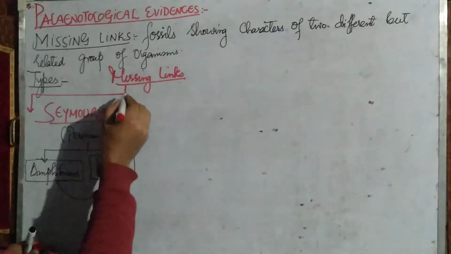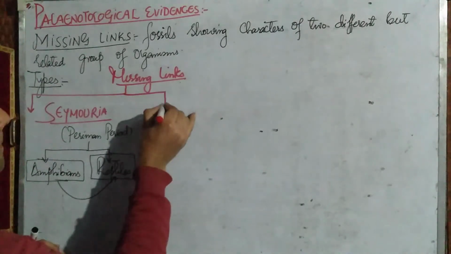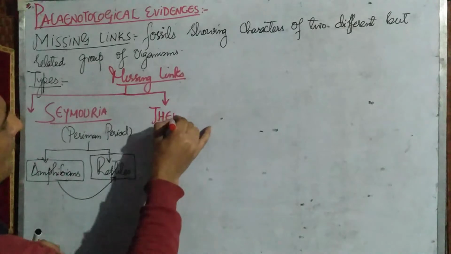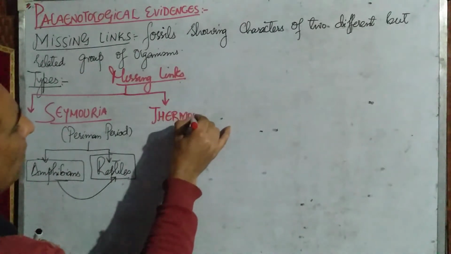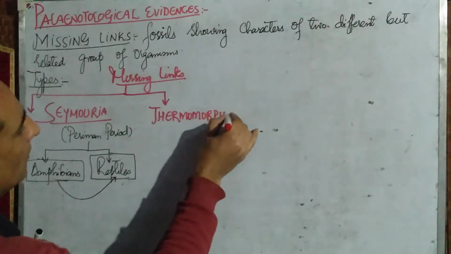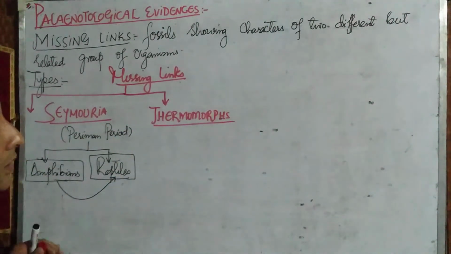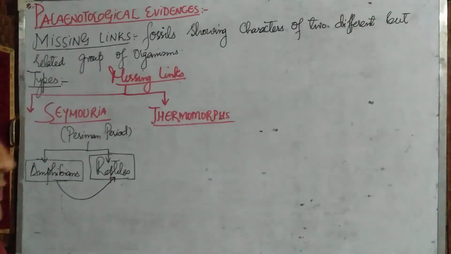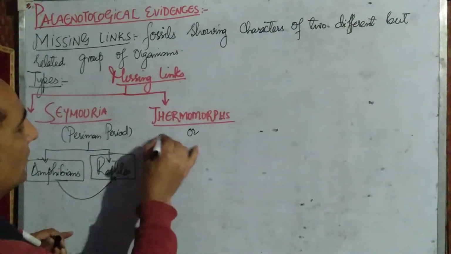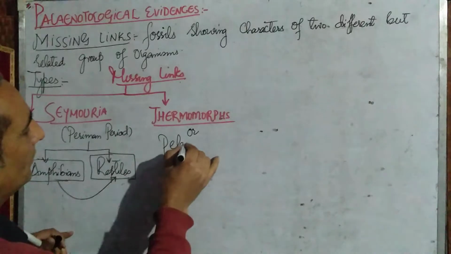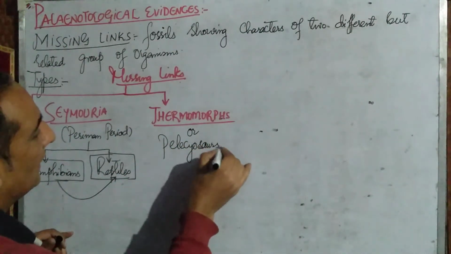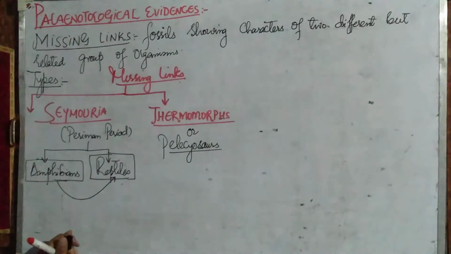Now the second missing link is the therapsids, or thermomorphs. The second name of the thermomorphs is the pelycosaurs. You can also call them as pelycosaurs. This is the second type of the missing link.